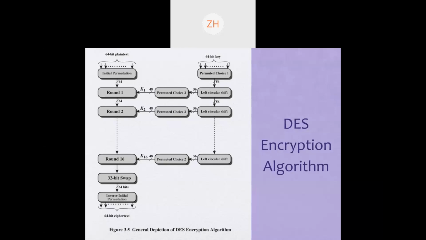The size of the key is reduced. It starts at 64 bits, and then at the end it becomes 48. That depends on the subkey generation.